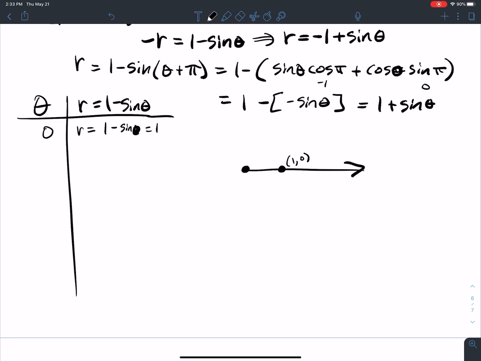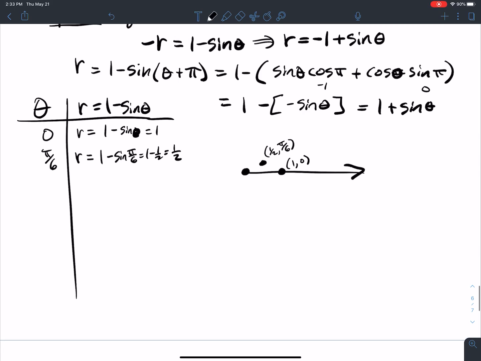So let's bump it up. Let's do pi over 6. I plug in for r, I get 1 minus sine of pi over 6. That's 1 minus a half, which is 1/2. So at an angle of pi over 6, I get 1/2 comma pi over 6.